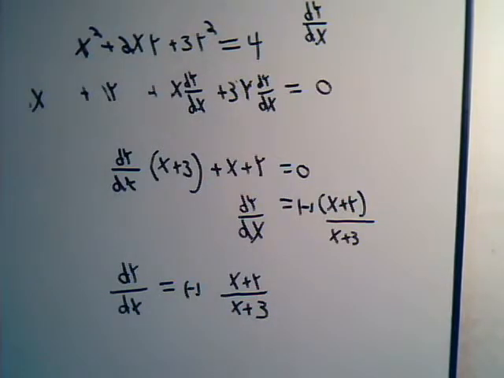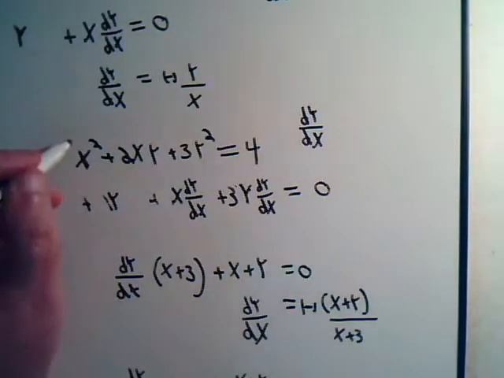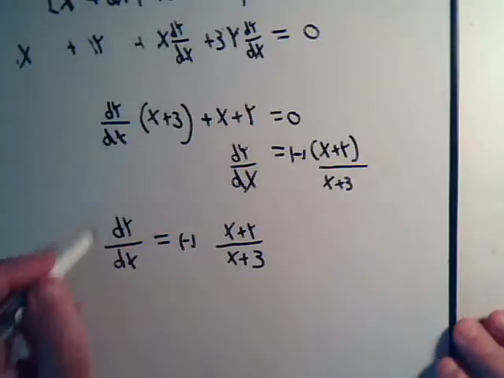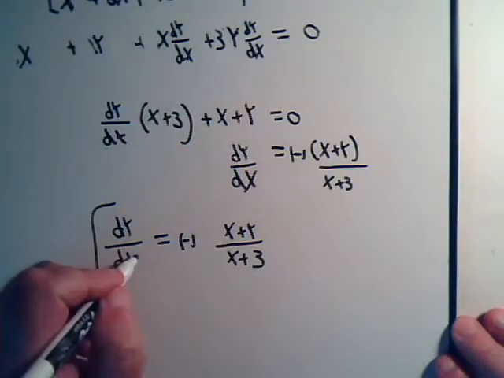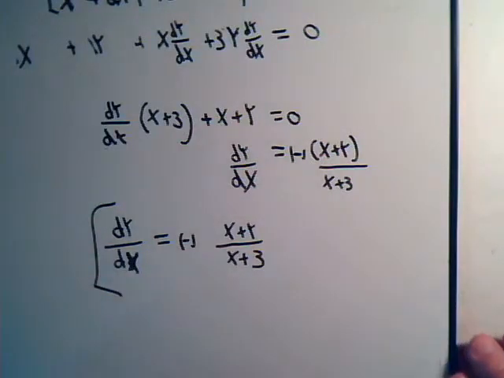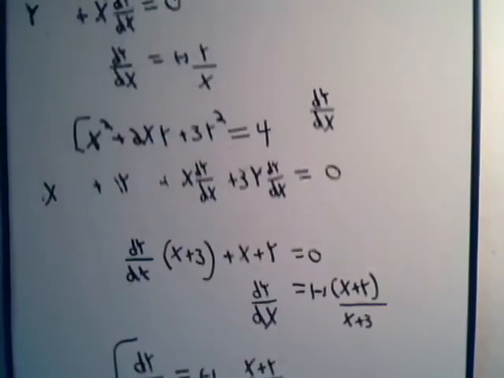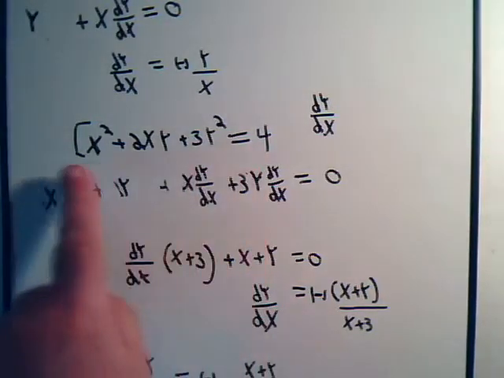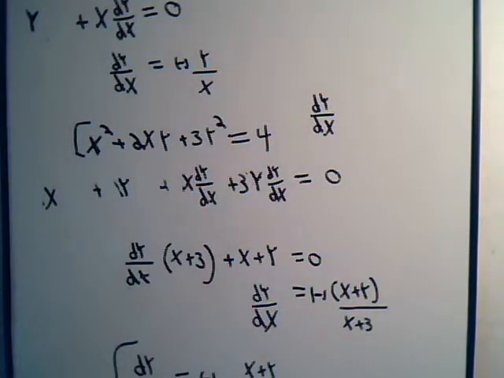So for this equation here, this is what dy/dx is. And again, it's probably in a different form than what you've been used to seeing. And the reason for it is, back here in our original equation, you see, y is just one of the variables here in this general equation.